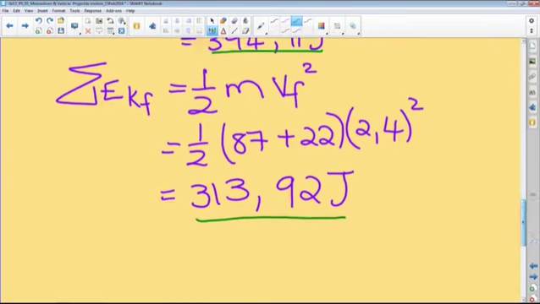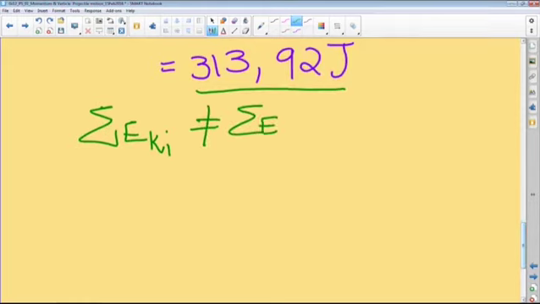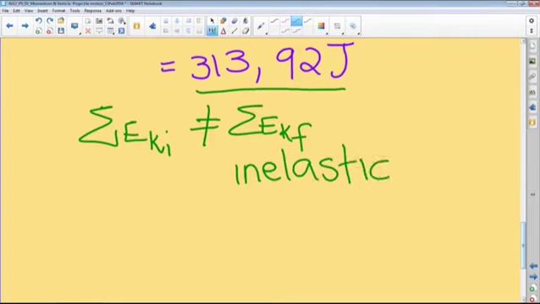That means that, and you have to write this step, because my EK initially, the sum of it, is not equal to the sum of the kinetic energy afterwards, my collision is an inelastic collision. Don't forget to answer the question, because the question was, is the collision elastic or inelastic? You must answer the question.